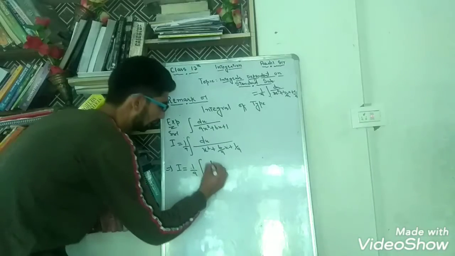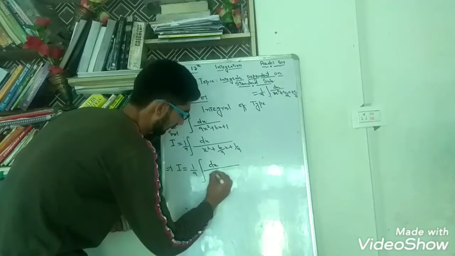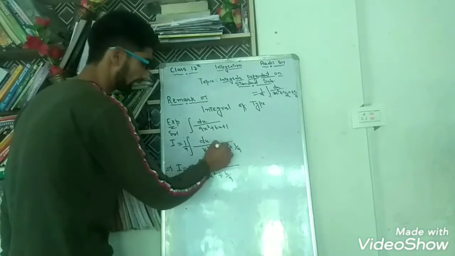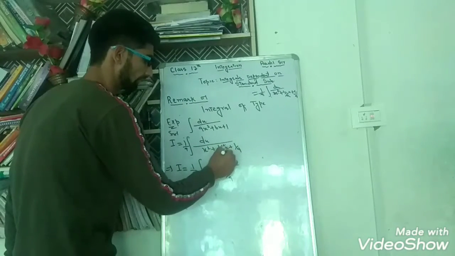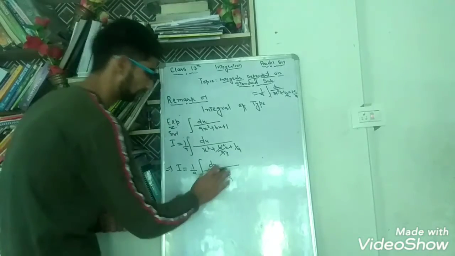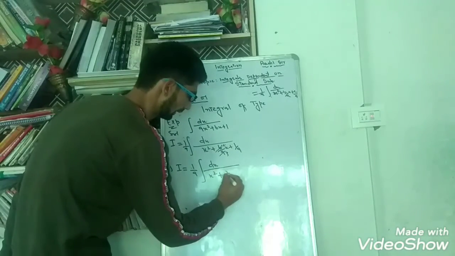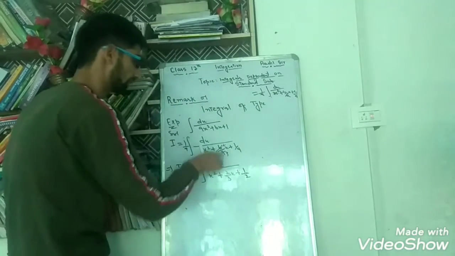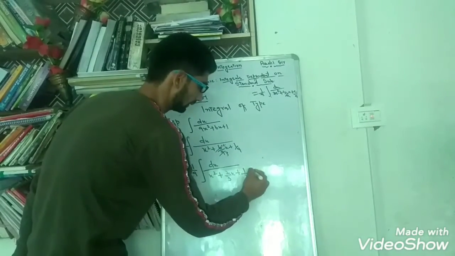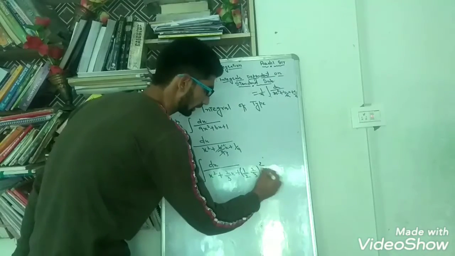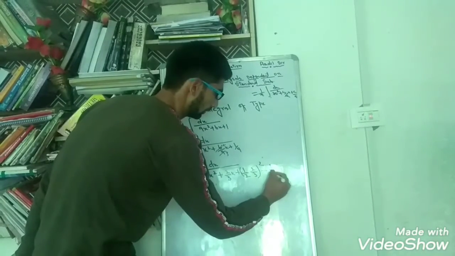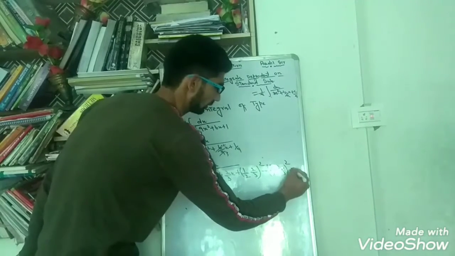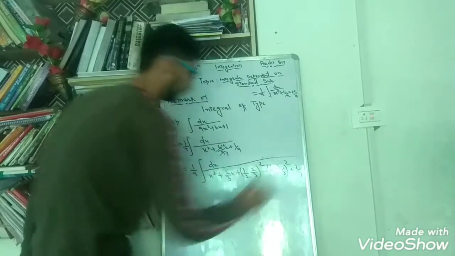So here we will get dx divided by x square plus 6 divided by 9, that will be 2 divided by 3x, and we add one divided by two, 2 divided by 3, whole square, and we also subtract it: one divided by two, 2 divided by 3, whole square, and the last one is 1 divided by 9.